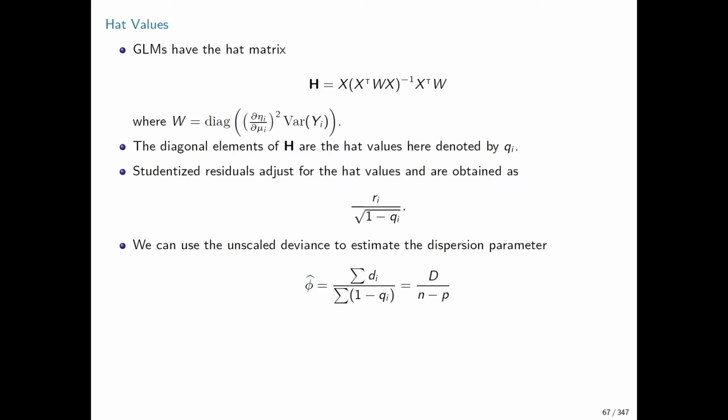The diagonal elements of H are the hat values denoted by h_i. The studentized residuals adjust for the hat values and are obtained as r_i divided by the square root of 1 minus h_i. Therefore, we can use the unscaled deviance to estimate the dispersion parameter as follows.